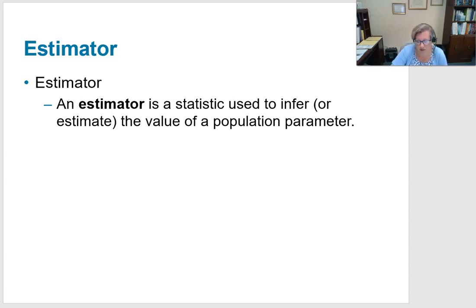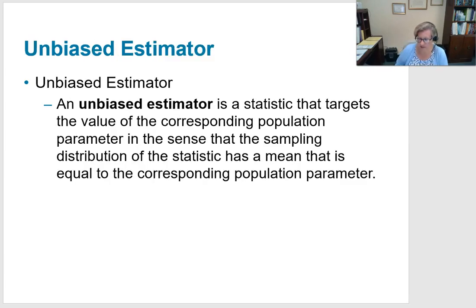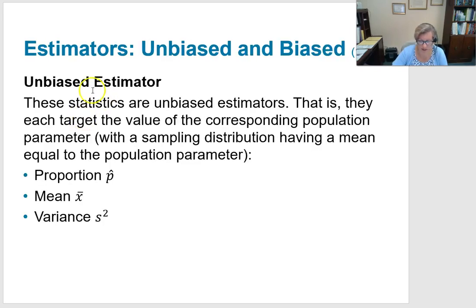We're going to use them to infer or estimate the value of our actual population parameter, because sometimes it's very hard to find that. Now, there are some unbiased estimators in statistics, and we have a list of those. So here is our list. Our unbiased estimators are going to be proportions, means, and variances. Okay, these because they take into account every single data value.